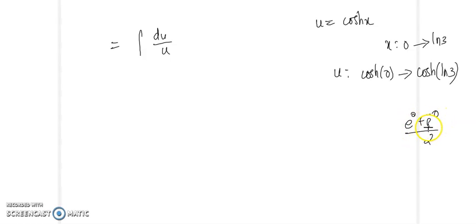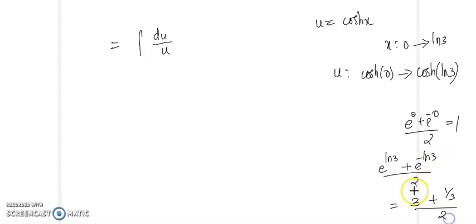So the numerator is 2, and you get 1. Then cosh ln 3 is e raised to ln 3 plus e raised to minus ln 3 by 2. e raised to ln 3 is 3. So this is 3 plus 1 by 3 by 2, that is 10 by 6. So you will get 5 by 3.